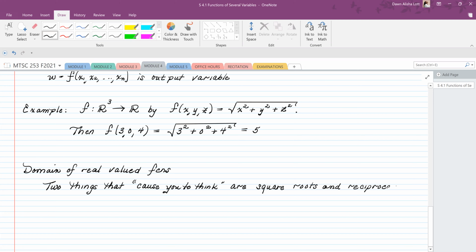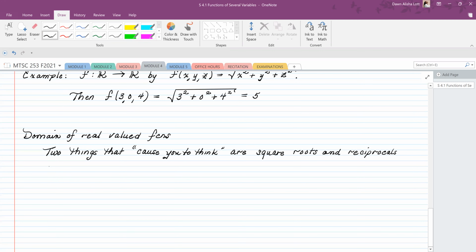Other than that, most everything else is pretty clear. Sometimes logarithms. Those are things that generally have issues with the domain.